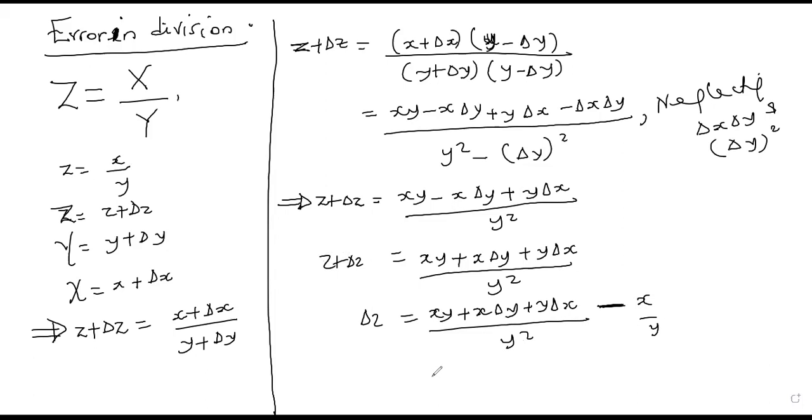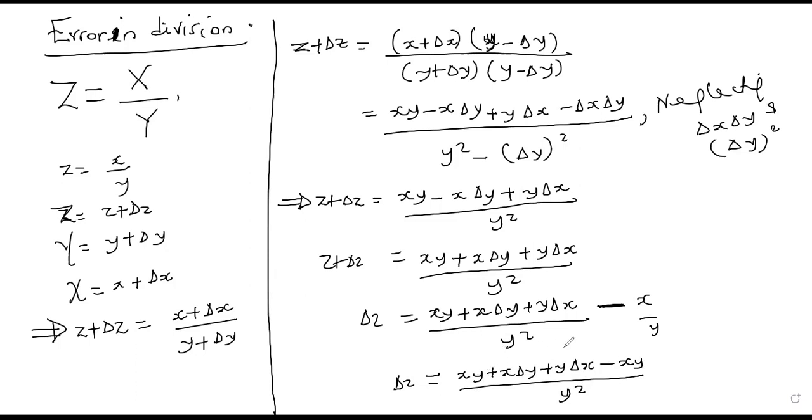If you take the LCM, you're going to have xy plus x delta y plus y delta x minus xy out of y squared is our delta z.